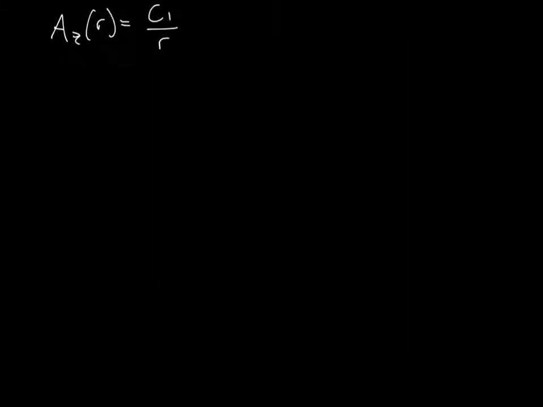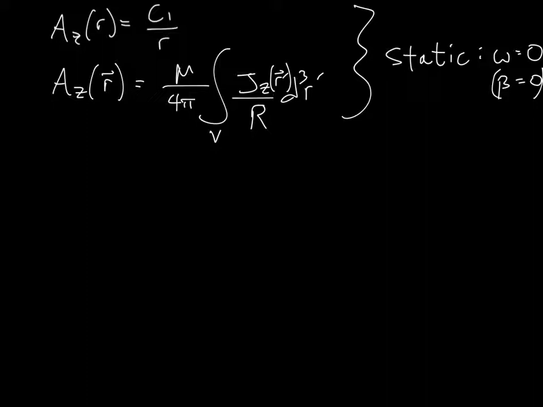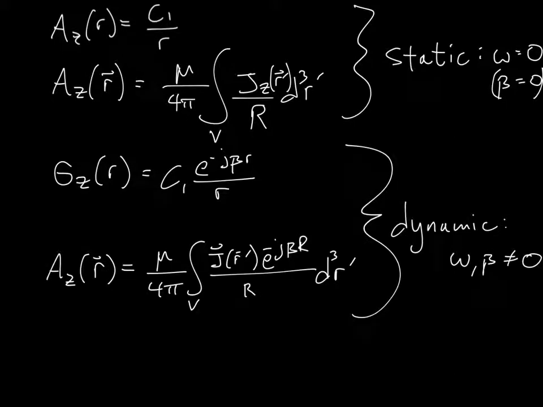Now we can take this general solution and find the full solution for the static case and use this as a model to extend to the dynamic case, noting that the only difference is that we have this extra exponential term. So we can use this to write out the full solution for the dynamic case.